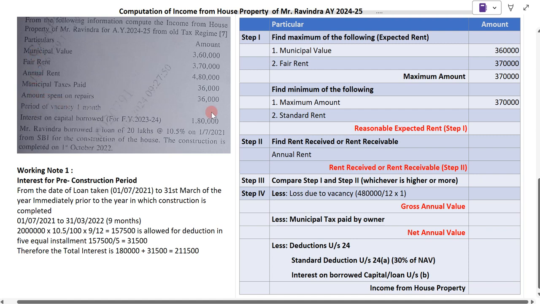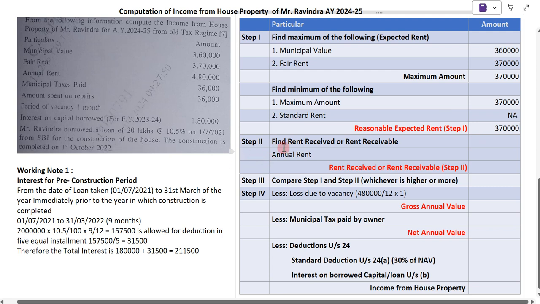No, standard rent is not given, so write not applicable or leave a dash. Now the minimum, what is remaining? 3,70,000. So 3,70,000 is the reasonable expected rent. Step number 1 is completed.